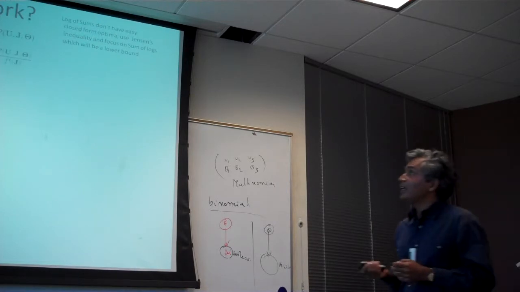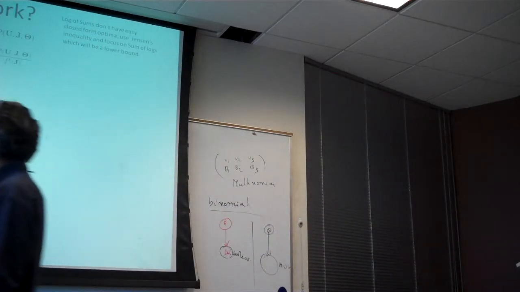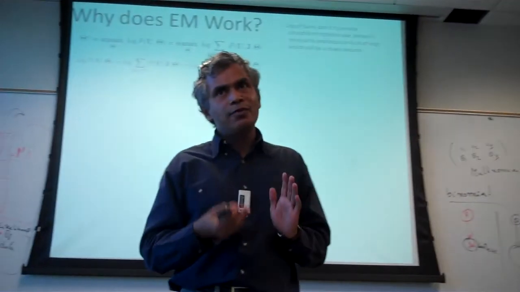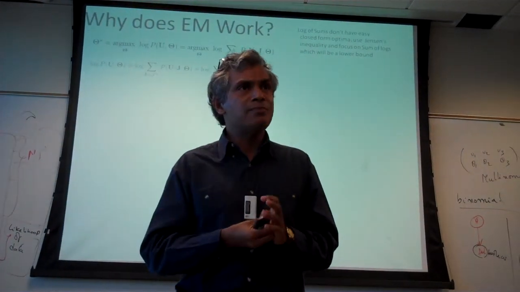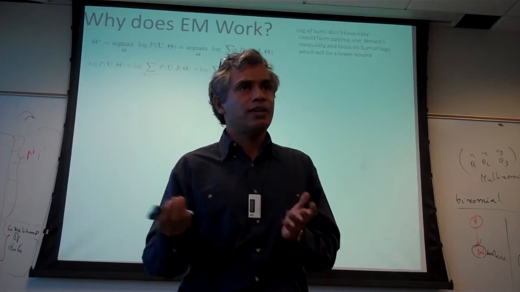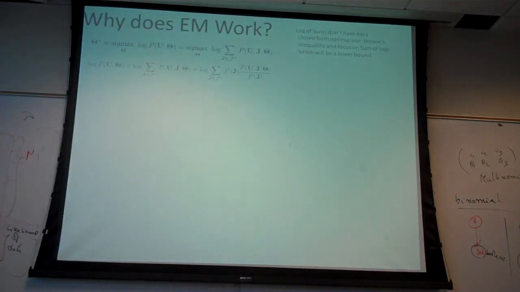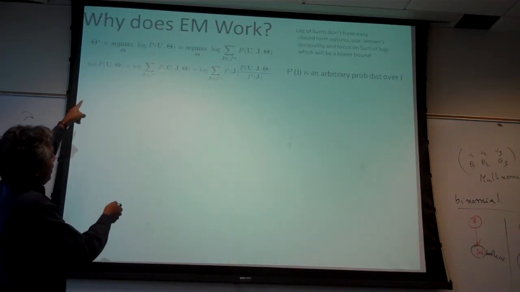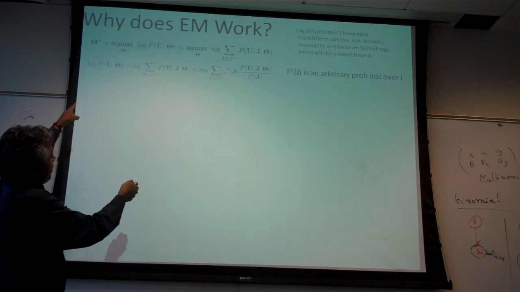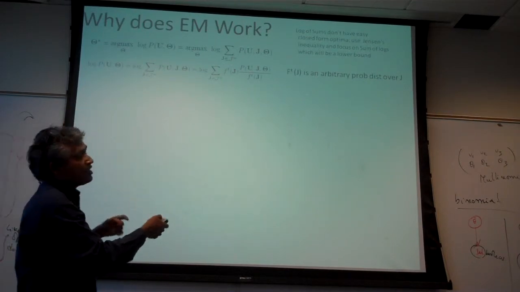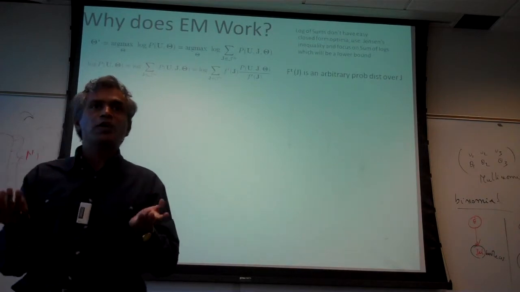So what you will wind up doing is you use something called Jensen's inequality, which essentially says arithmetic mean can never be less than the geometric mean. Now you start with this, and then you write this guy by doing FTJ by FTJ, where FTJ is an arbitrary probability distribution over the hidden variables.